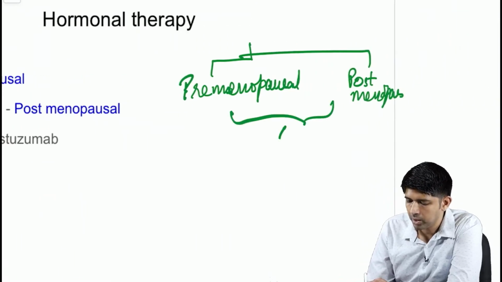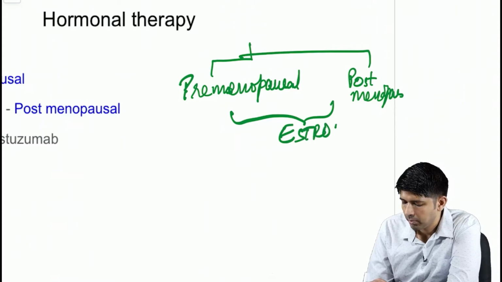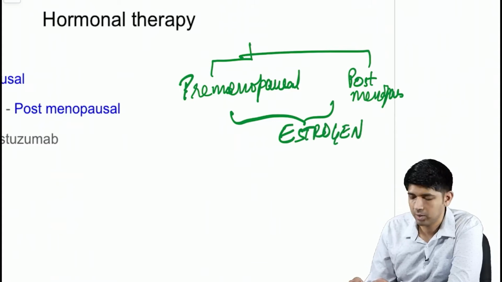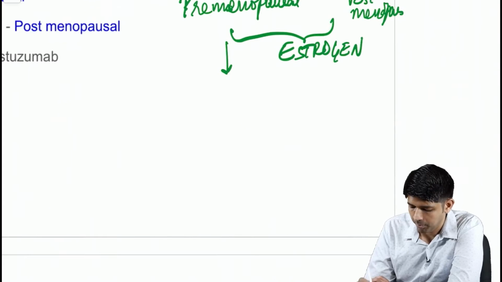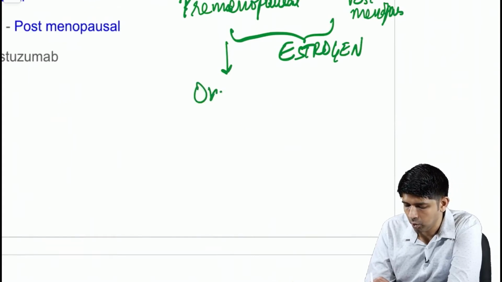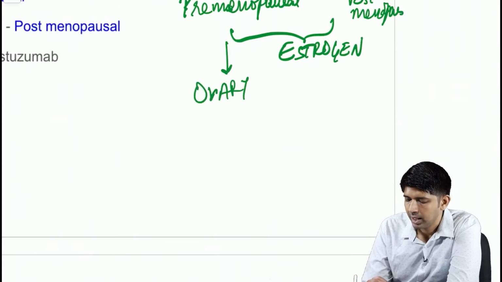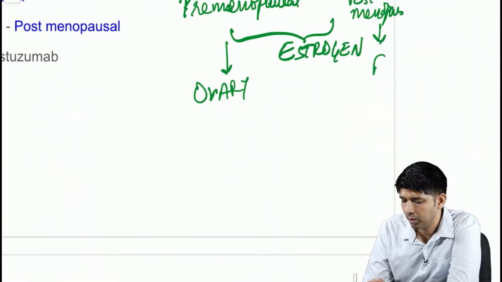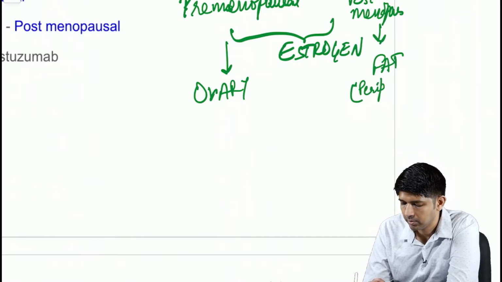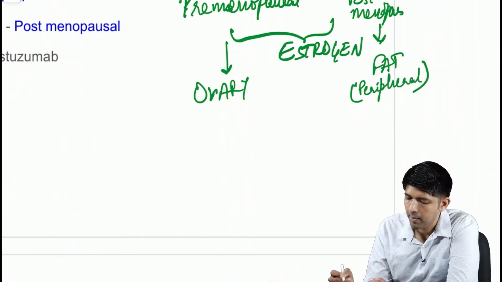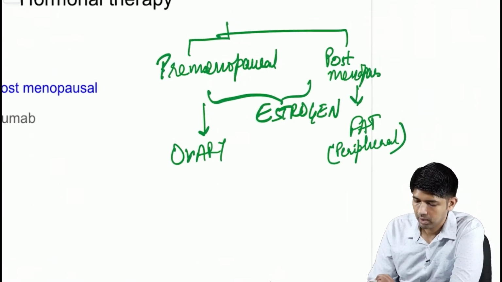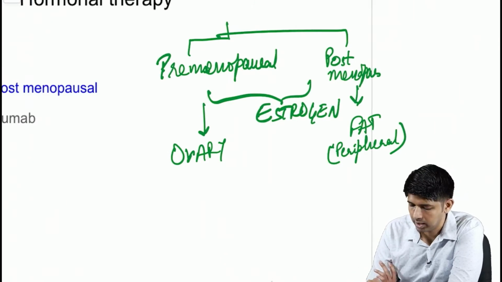In both of them estrogen plays a role, but where the maximum production occurs is what matters. In premenopausal, the maximum is from the ovary. In postmenopausal, the maximum is from fat conversion, or peripheral conversion in other terms. Okay, so this is the concept that you need to understand.